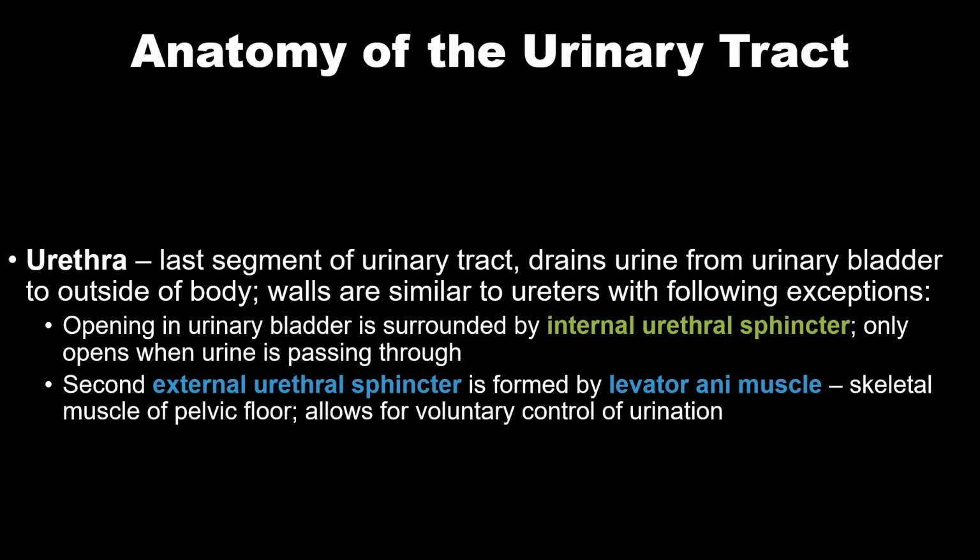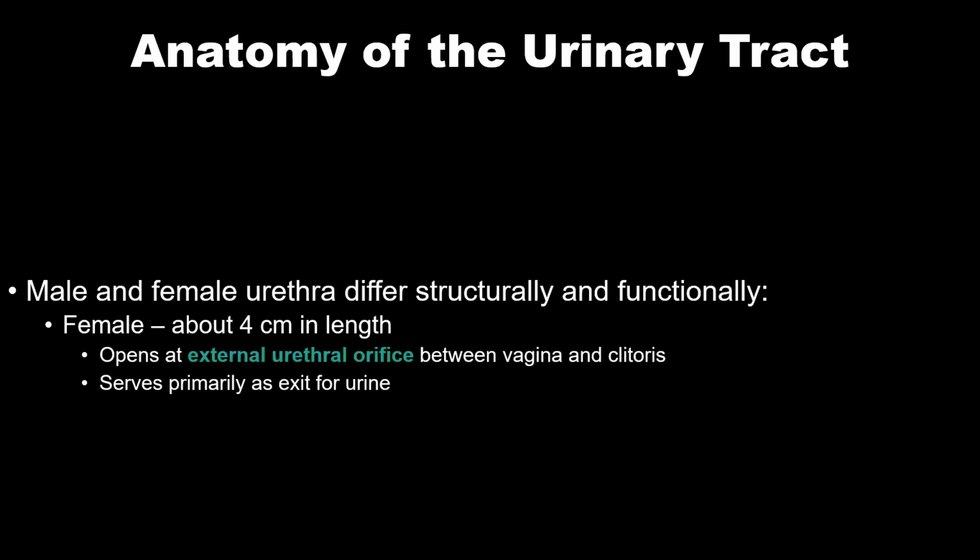And although the urethra does structurally differ, it also functionally differs a little bit as well. Female urethras are shorter, about 4 centimeters, opening at the external urethral orifice between the vagina and the clitoris, and it serves exclusively as a passage for urine.